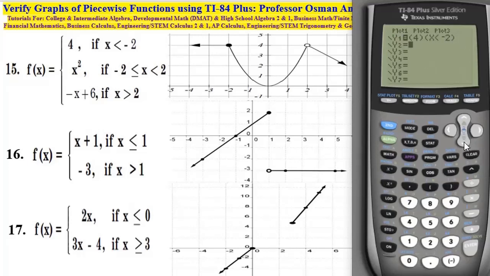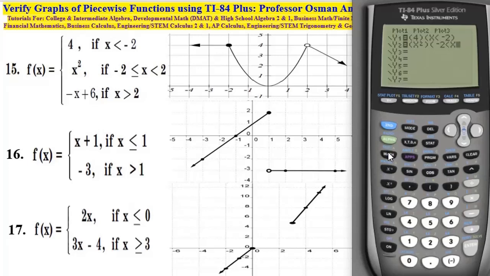And it is x squared, and this is valid when x is between minus 2, so minus 2 is less than x, second math, less than x.